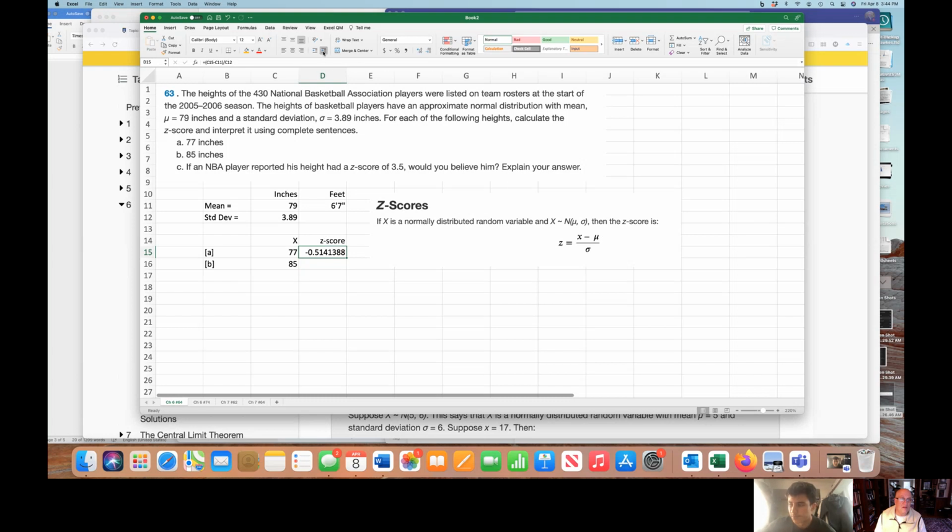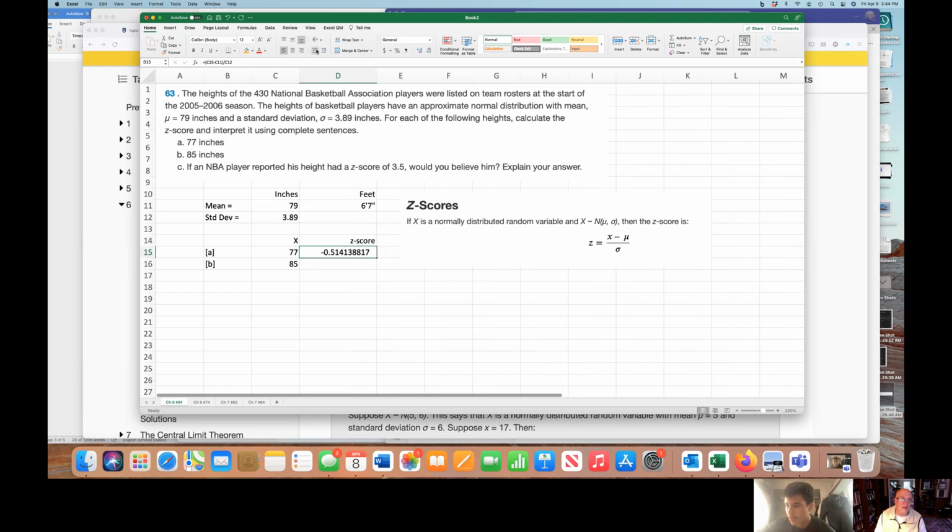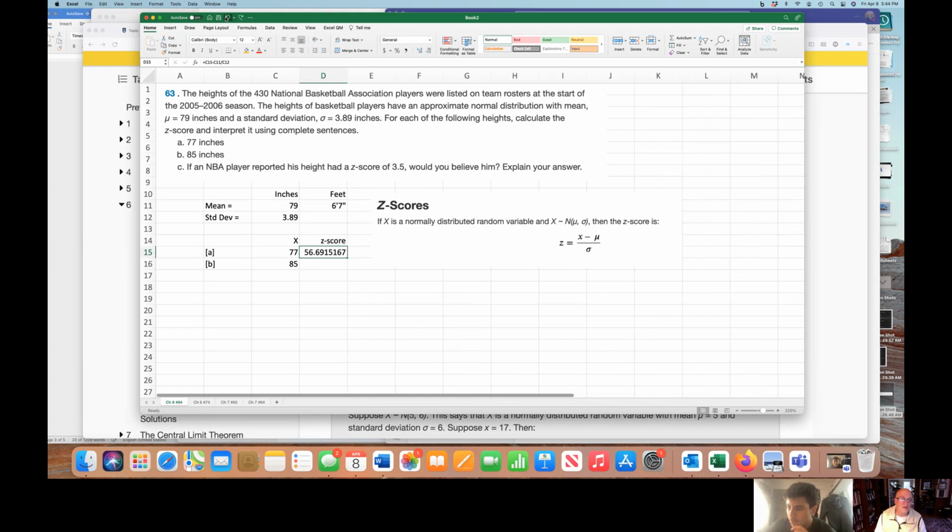And how many decimal places? Two decimal places, all I need. I'm doing the wrong thing. Undo, undo, undo, undo. No, redo. And how many decimal places do I need? 3. That's good enough.